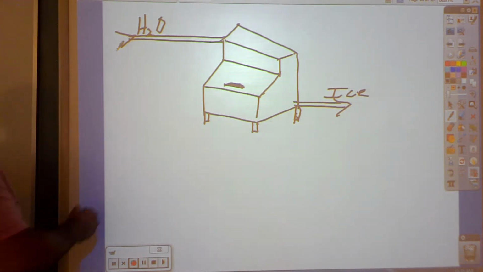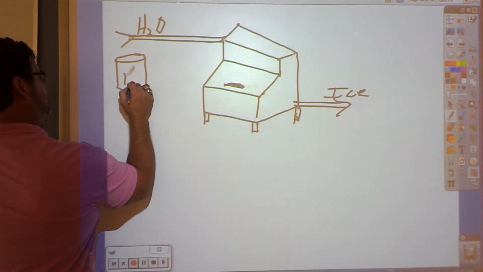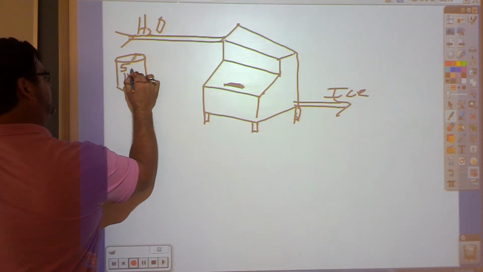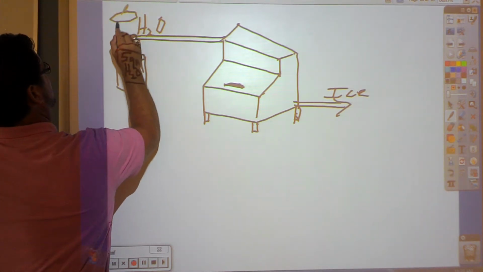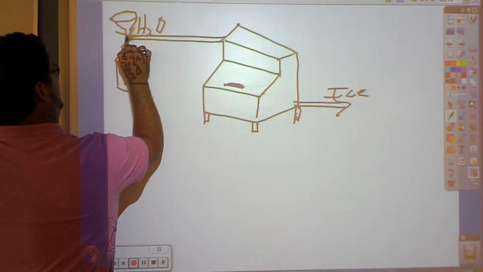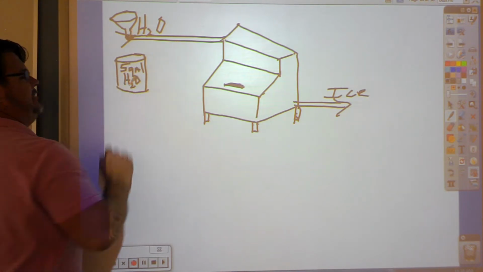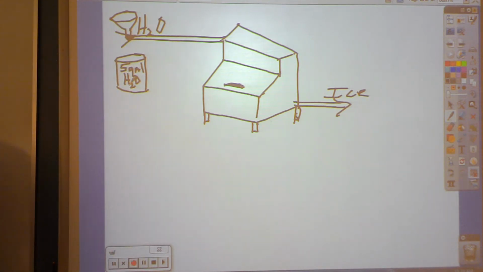What if I take a 5-gallon bucket of water and I put it into a funnel and cut the water line off, and I take that 5 gallons of water and I put into this ice machine? What will I get out of the ice machine?